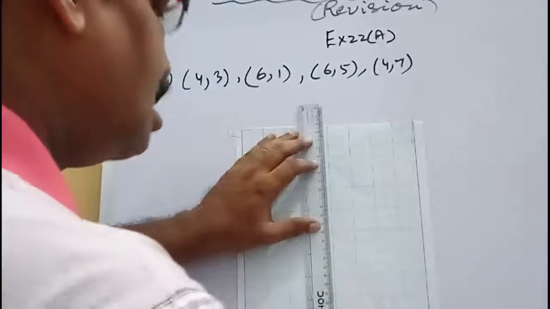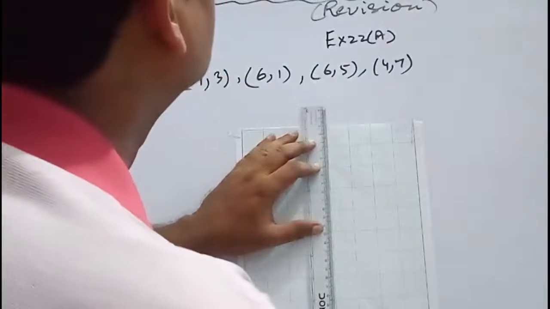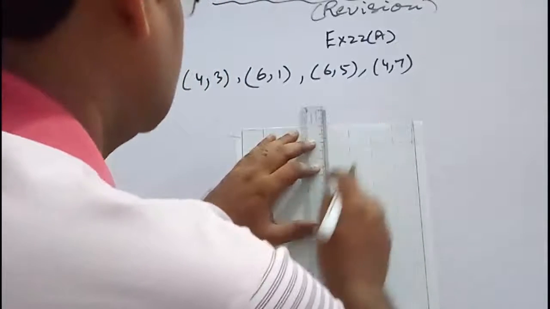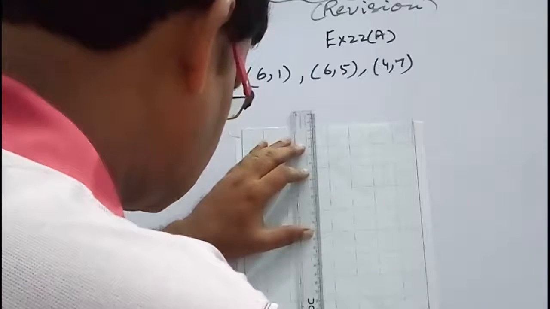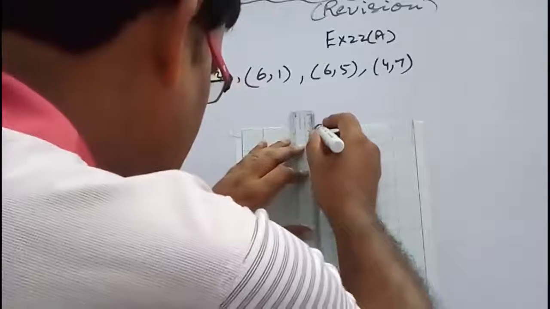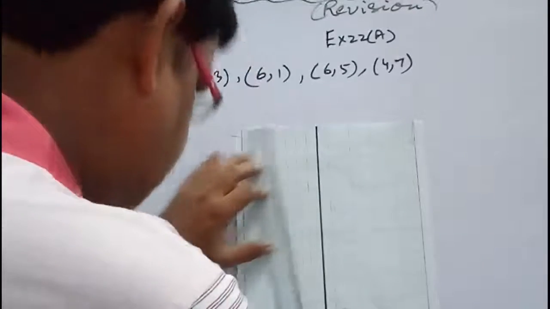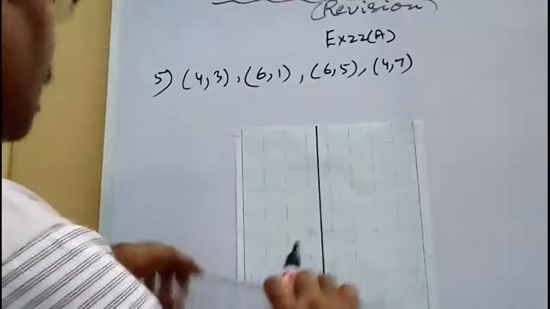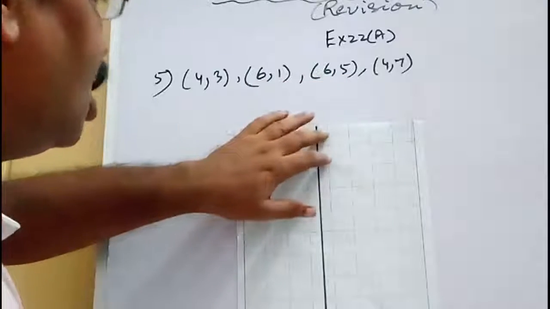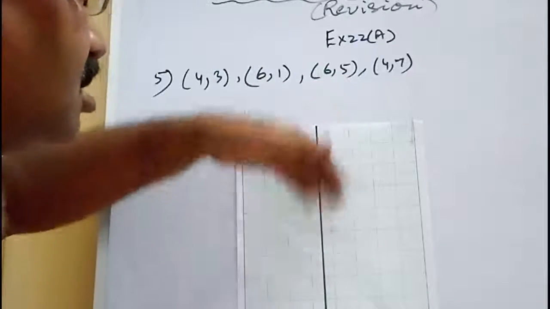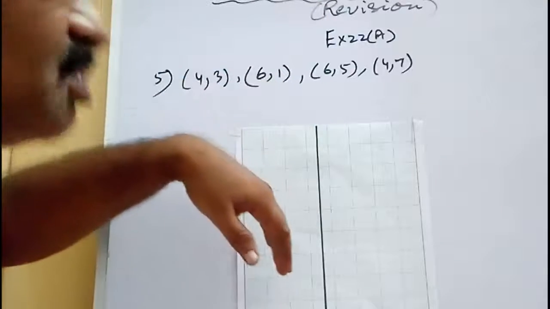Along that line we draw. All are positive. So positive means the upward side of y-axis is positive value.